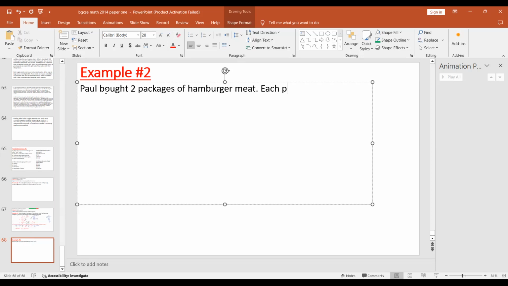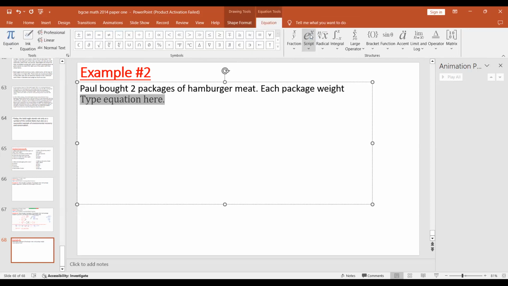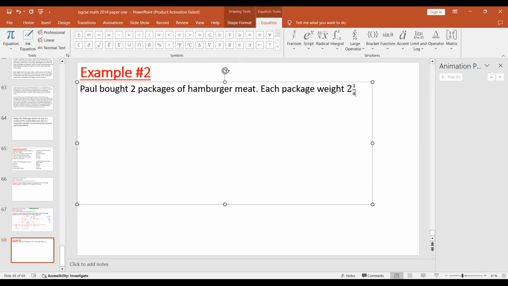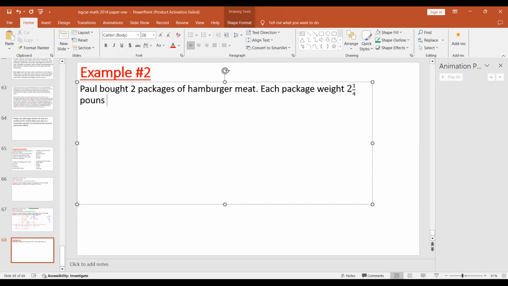Each package weighed, let's say in our case, 2 and 1/4 pounds. Calculate the total weight of the meat.